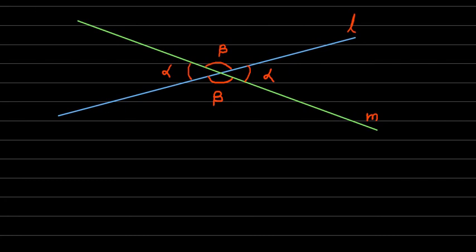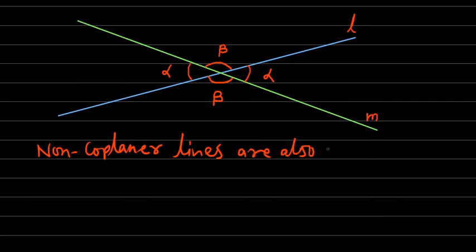Non-coplanar lines are also called skew lines.